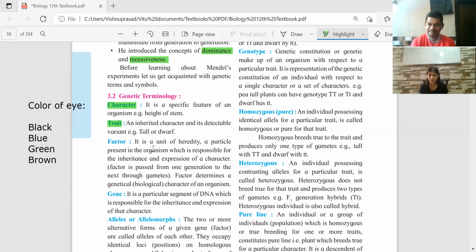O plus, O minus, A, B. We say O positive, O negative. B positive, B negative, A positive, A negative, AB positive, AB negative. See, positive and negative is another character, called the Rh factor. So A, B, AB, and O are the 4 possible ones. They are the traits.